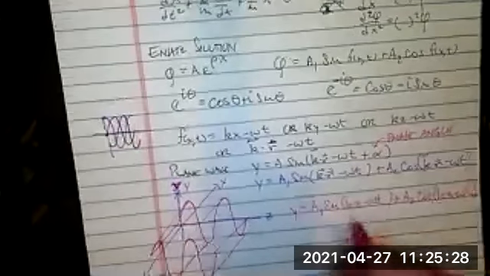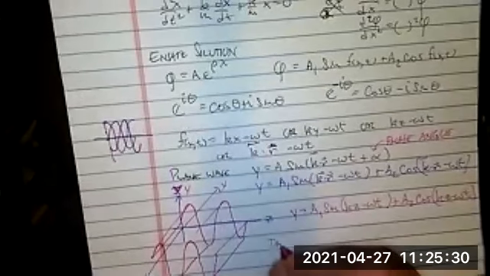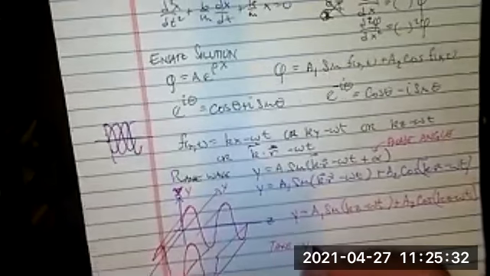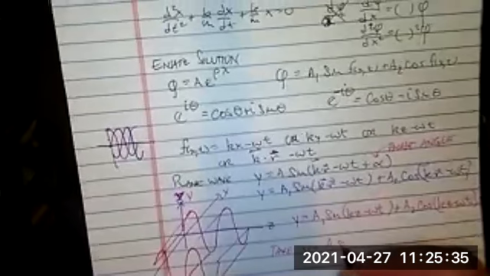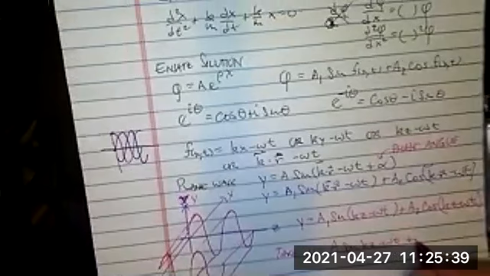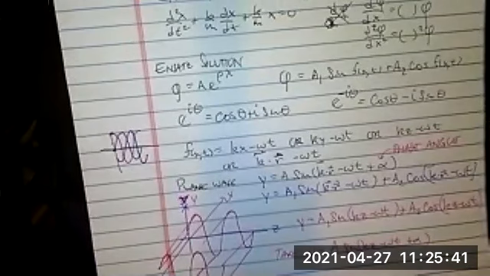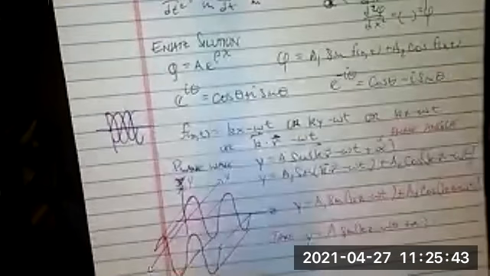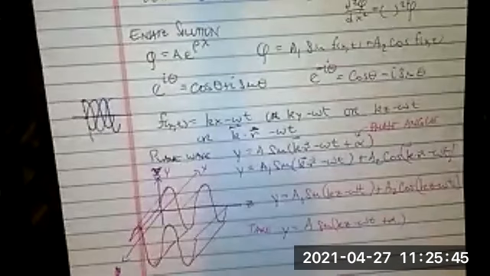So let's take this one case. Let's take y equals a sine(kz minus omega t plus alpha). I'm going to take that as a solution, and I'm going to plug that into the wave equation up here.